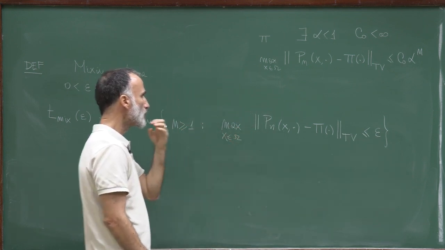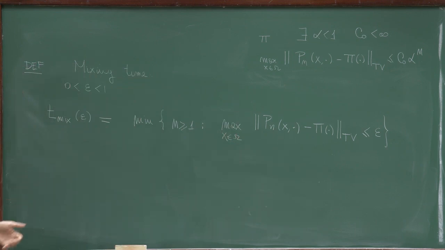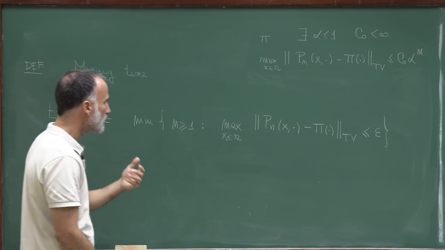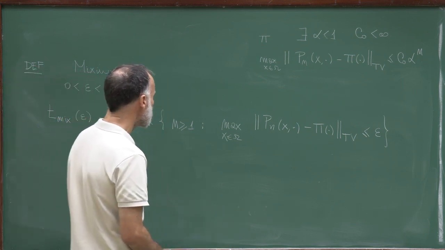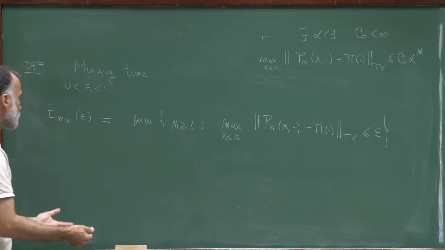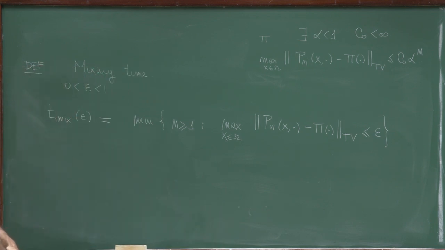And this is what we would like to bound. We would like to have an upper bound of the mixing time, to say that the mixing time cannot be very large. It's bounded in our examples by a certain quantity which you can estimate.